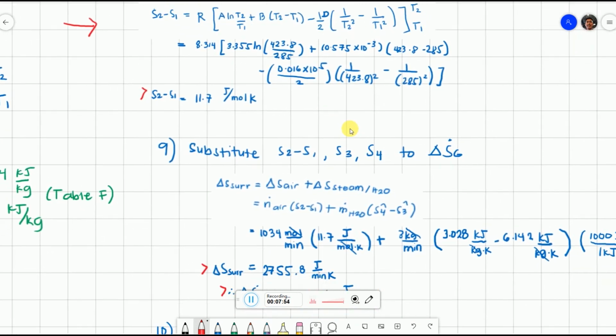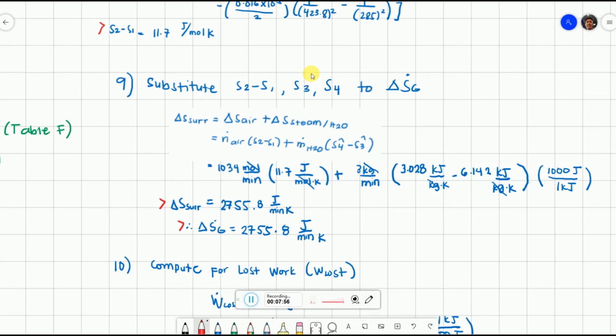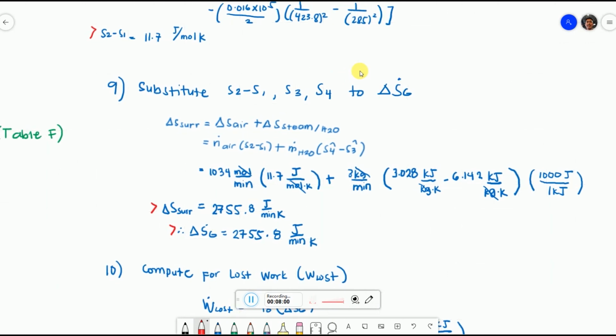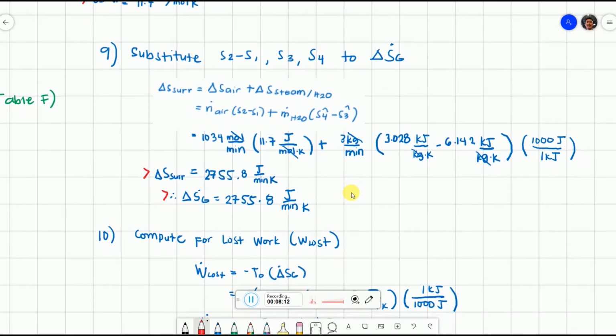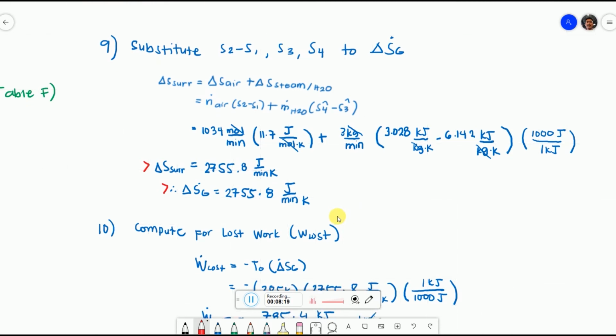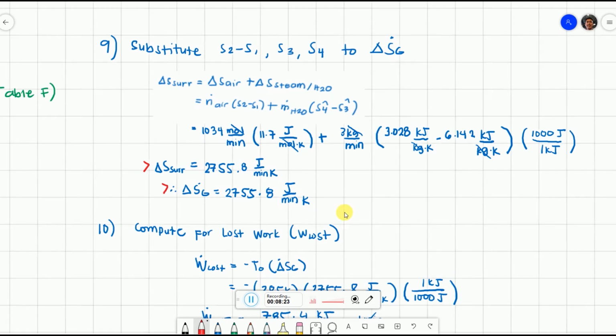Now we find the change of entropy of generation by substituting S2 and S1, S3, and S4 to the change of S or the entropy of surroundings given by the expression. Then it gives us a value of 2755.8 joules per minute Kelvin, which therefore is equal to the change of entropy of generation.